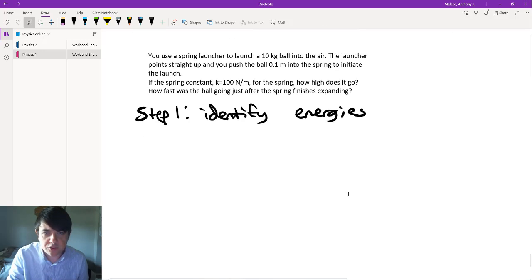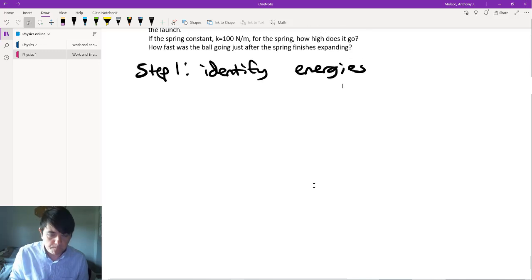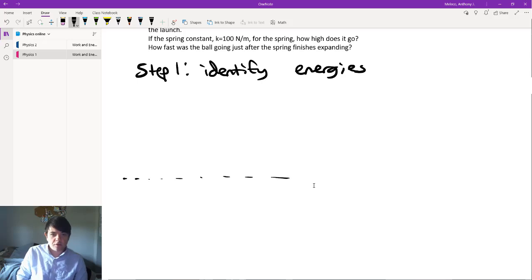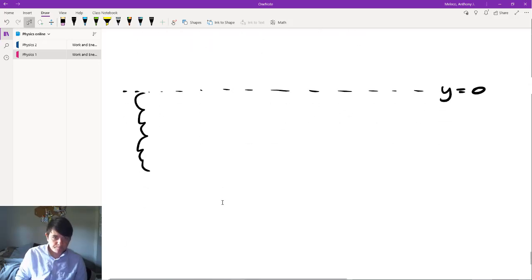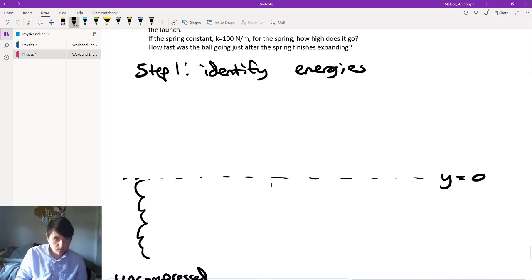So you're using it to launch a ball into the air. So what I'm going to do is I'm going to draw this. This is my 0 point. And I'm going to draw my spring uncompressed. So this is before anything has happened.